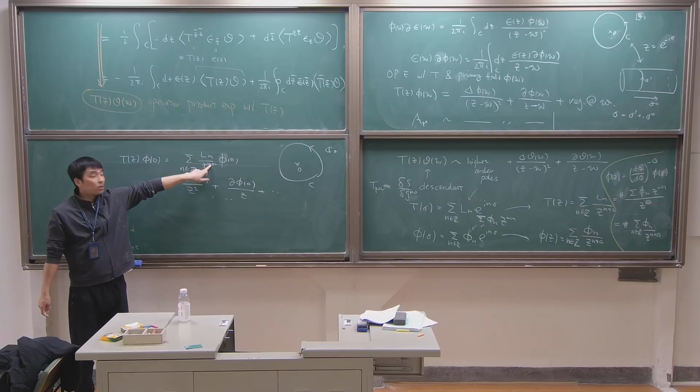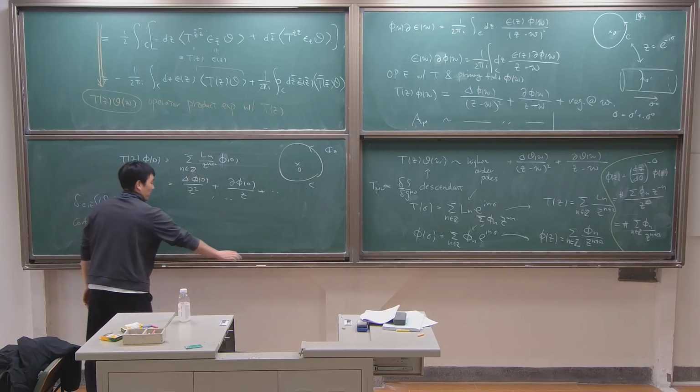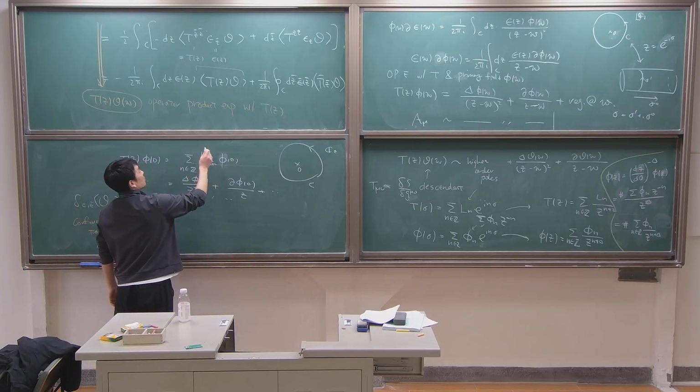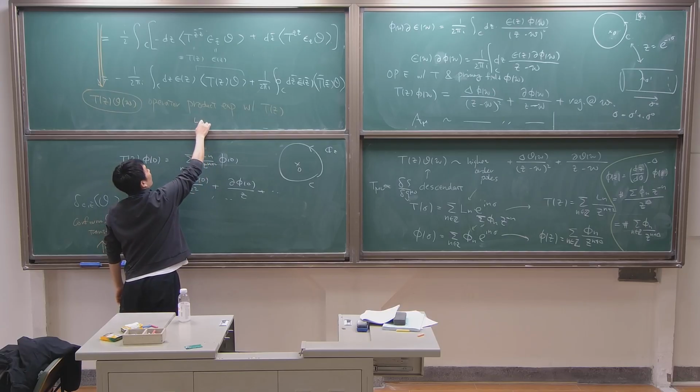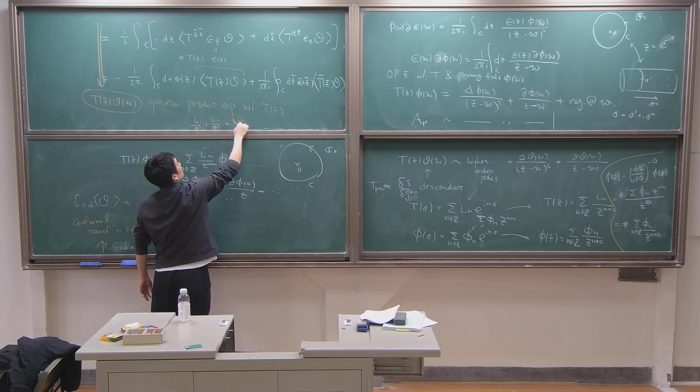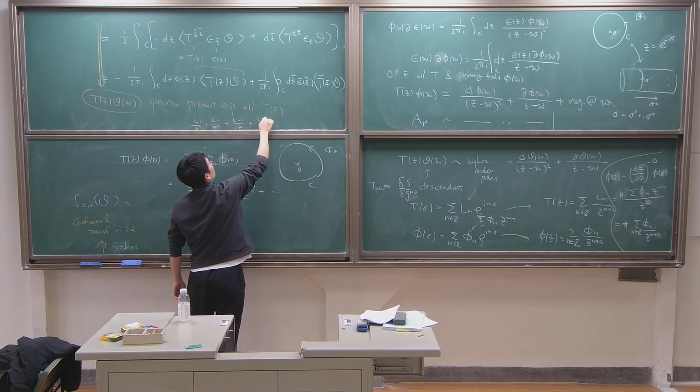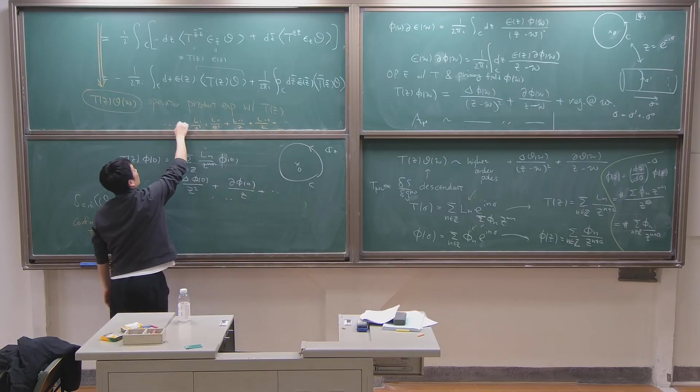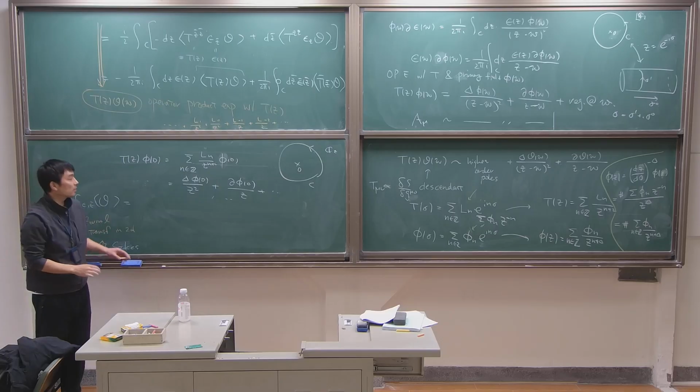When n is equal to 0, so this one, if you just write it down, is just L_1 z^3 plus L_0 z^2 plus L_{-1} z plus L_{-2}, and so on. Right? Just the mode expansion.